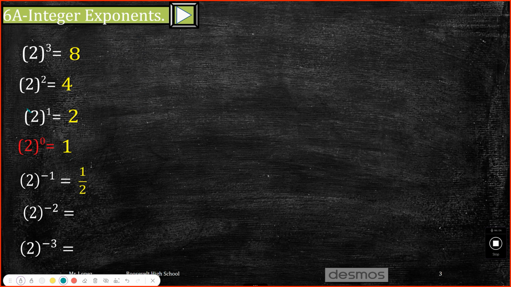So what do you think 2 to the negative 2 is going to be? Keep dividing by 2. What's 1/2 divided by 2? Would you agree that 1/2 is 50 cents? What's half of 50 cents? 0.25. Isn't that a quarter? A quarter is 0.25. It's a fourth. So this is going to be a fourth.